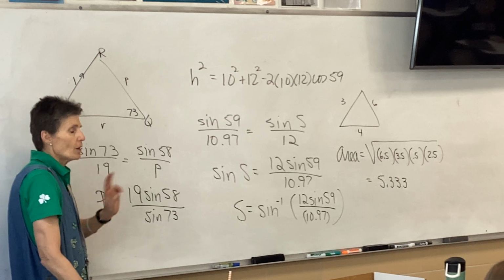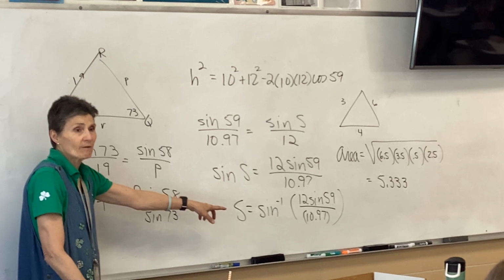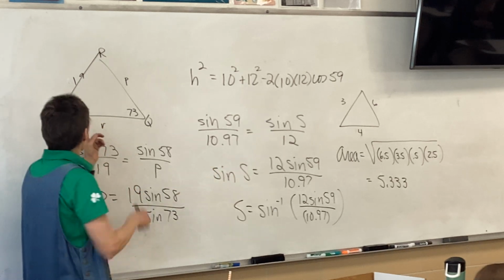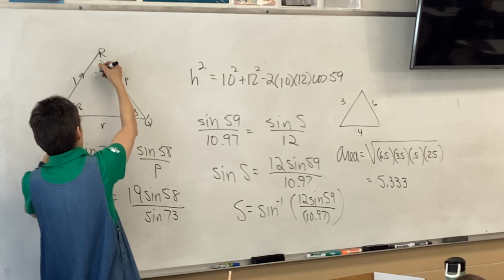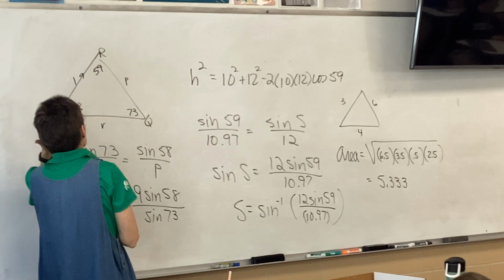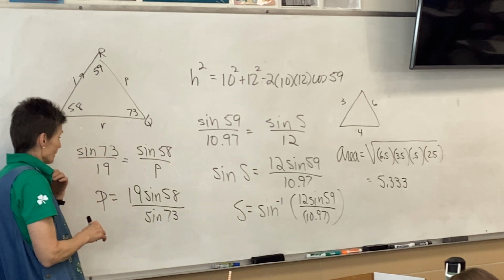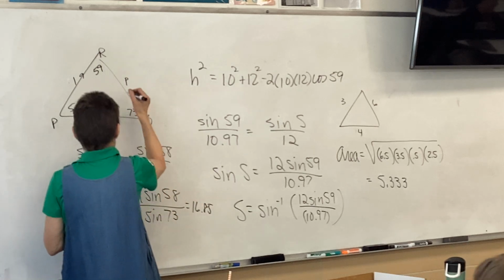No, I only do that if I am trying to find an angle, and I know all the angles. That's 58, that's 73, what's this one? 59. And then it's 16.85. Yes.